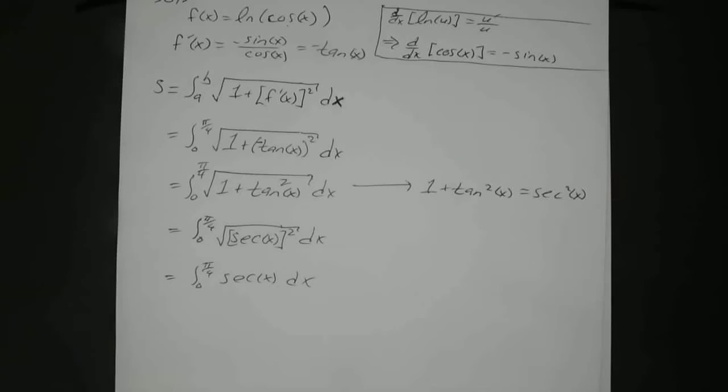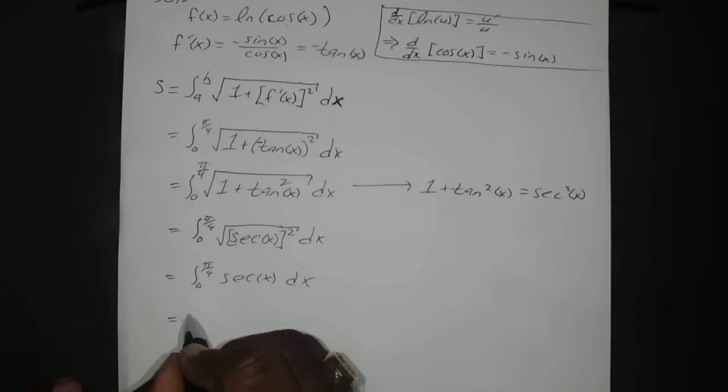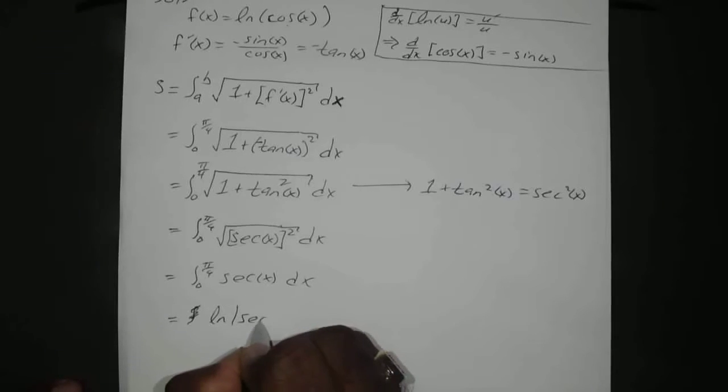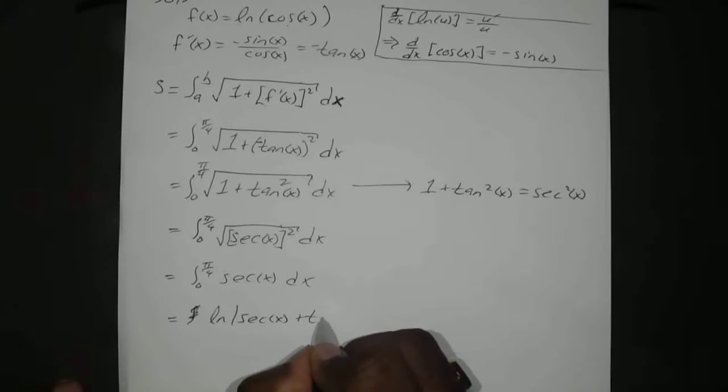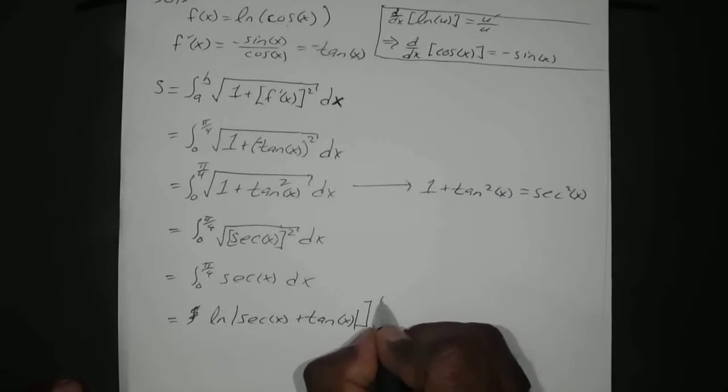Okay. Now the integral of secant is natural log of secant plus tangent, and that's from 0 to pi over 4.